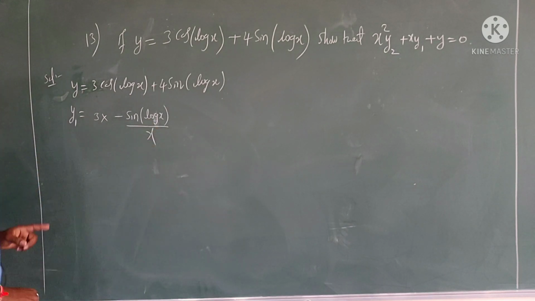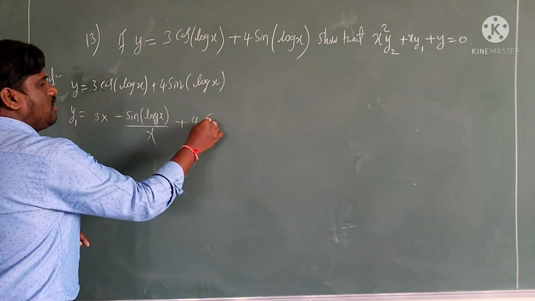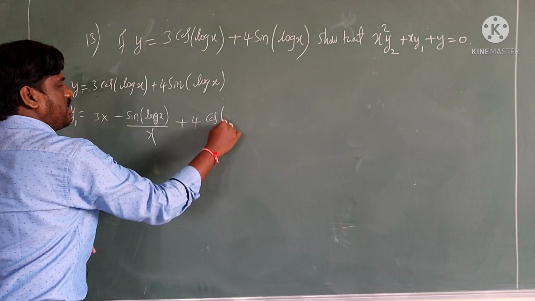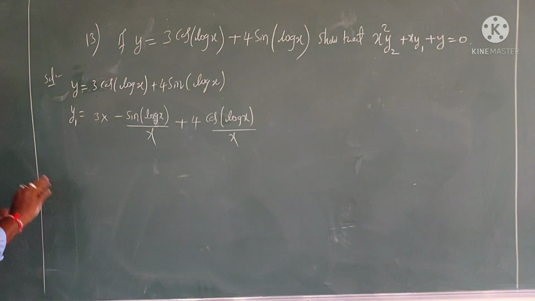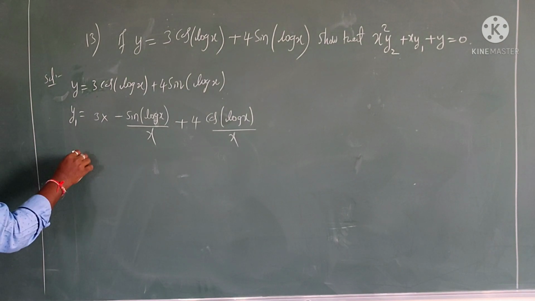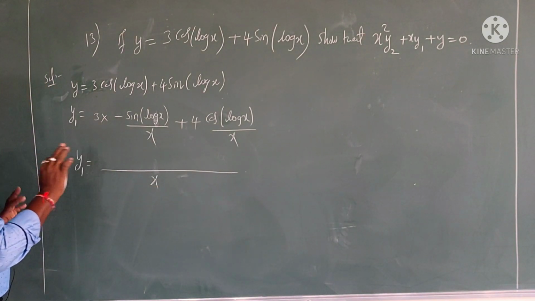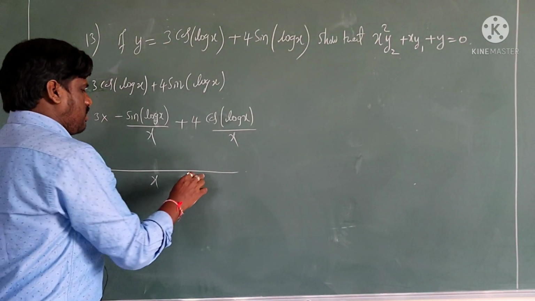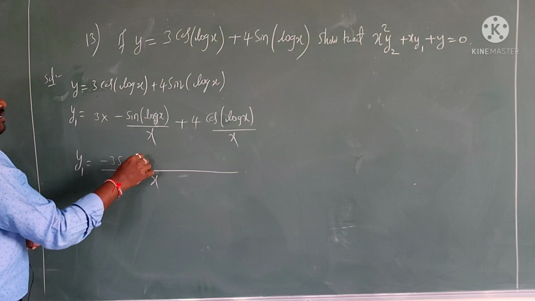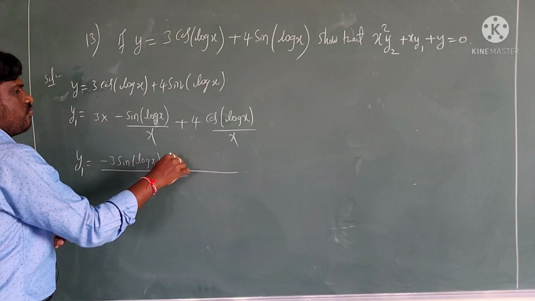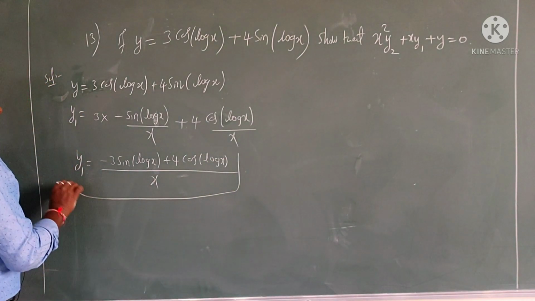Plus 4 into the differentiation of sin, which is cos log x, and the differentiation of log x is 1 by x. So finally y dash of x, taking the LCM, I can write as minus 3 sin log x plus 4 cos log x, all divided by x. For substitution only I am doing this. We will substitute this in the given equation later.